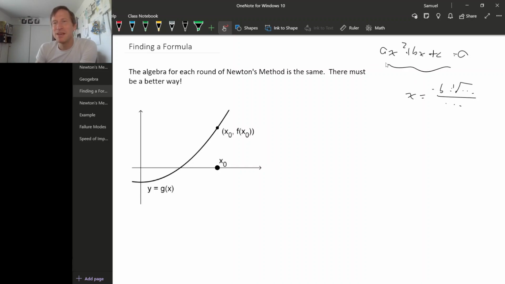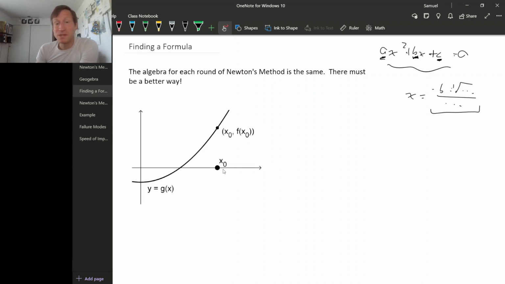So anytime there's some algebraic process that is the same every time, you can do that process with variables or labeled constants instead of particular numbers, and what you'll end up with is a formula that encapsulates that algebraic process. Well, we can do the same thing with Newton's method.